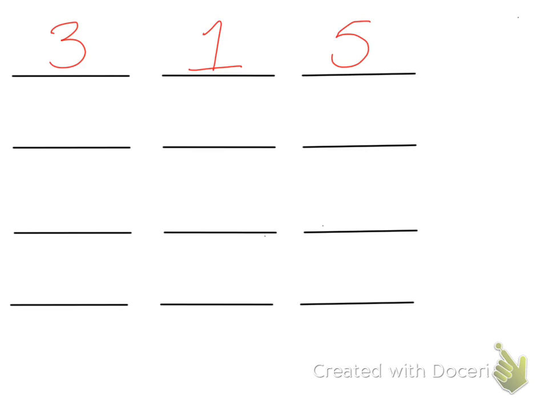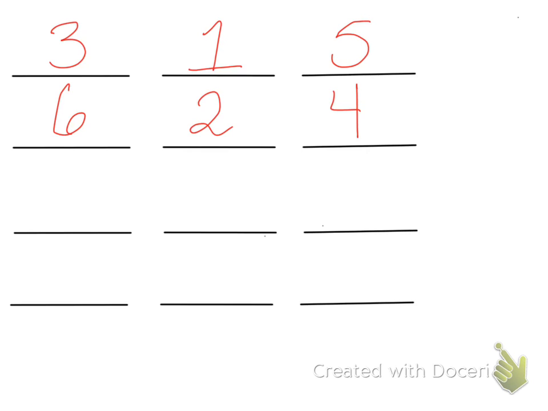Let's try another one. I have 4 in the ones place, 6 in the hundreds place, and 2 in the tens place. So my number here is 624. Okay, let's try another one.